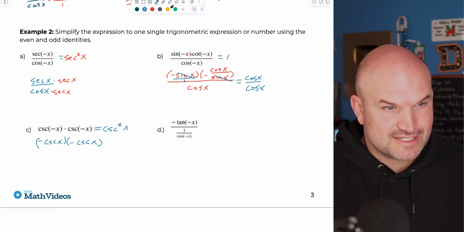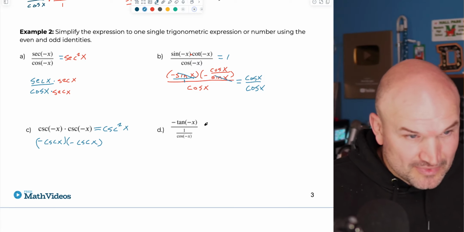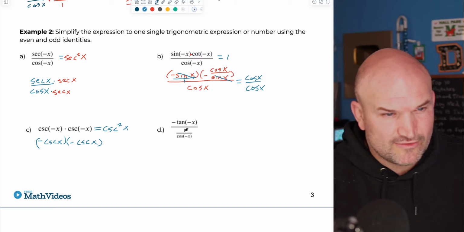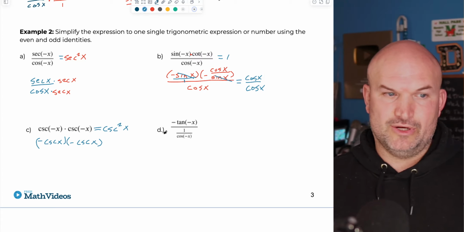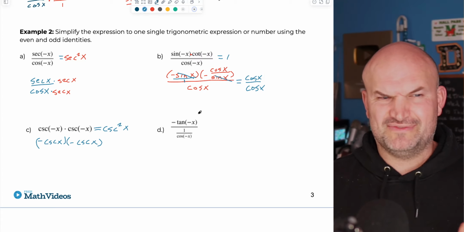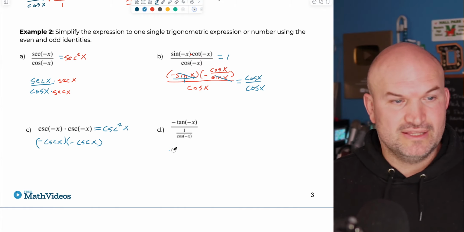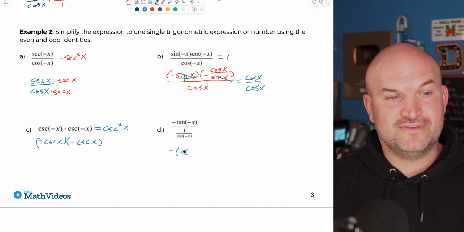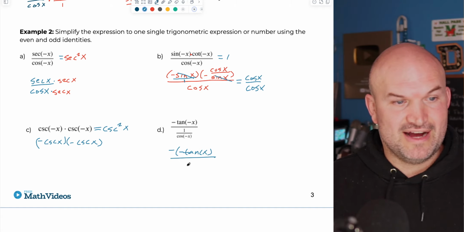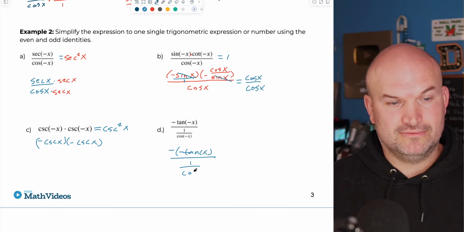All right, last one that we have for even odd identities. So I have a 1 over cosine of a negative x. So we know that can be rewritten as a tangent. Here I have a negative tangent of x. Well, if you expand this out, this is a negative times a negative tangent of a positive x divided by a 1 over a cosine of x, right?